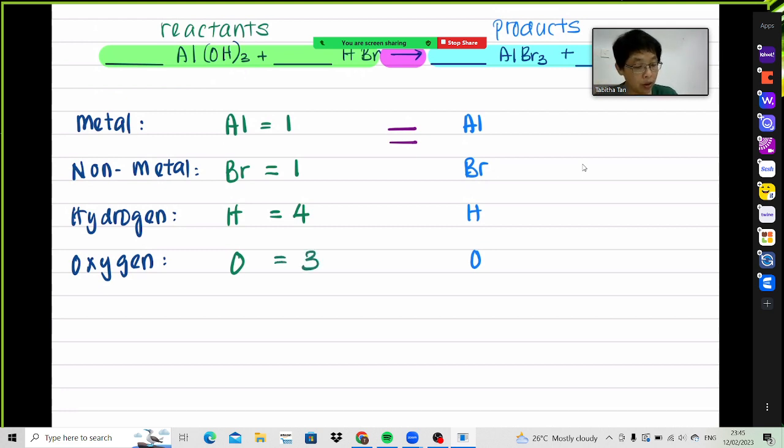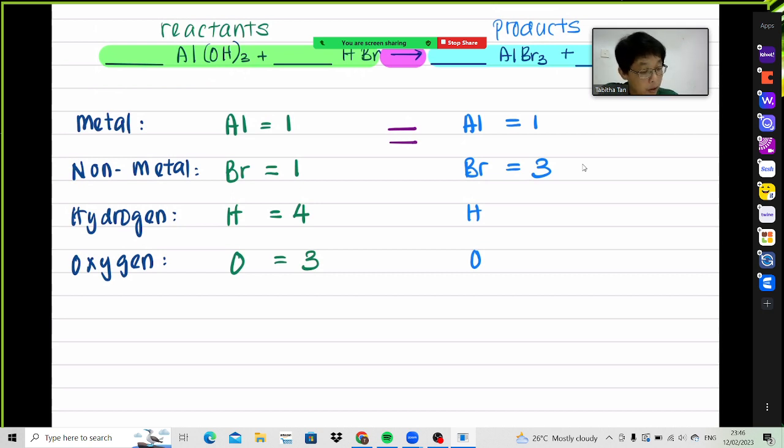Let's go on with the aluminium. Alright, so we do the same way. So we have aluminium. Is this still also one piece? And then how many bromine do we have? Br, you got 3 pieces. You see the subscript 3, meaning you have 3 pieces of bromine.